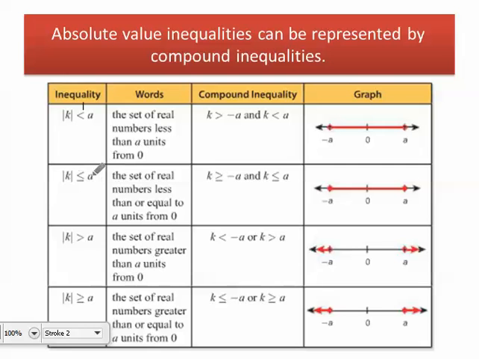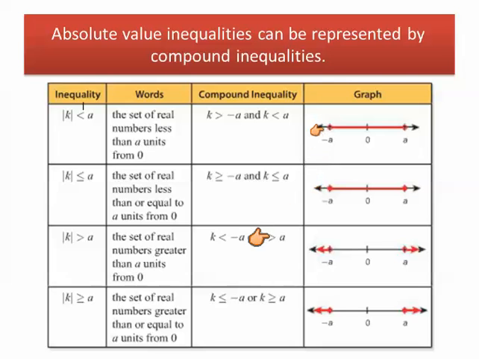And when it points away from the absolute value function, then we're going to get a disjunction. Okay? So these are ors.